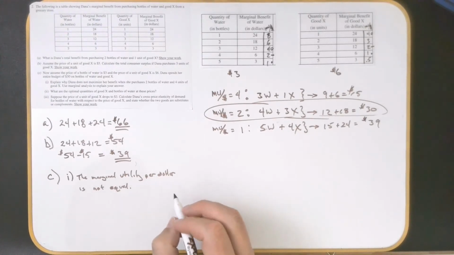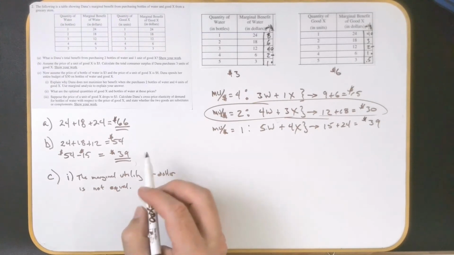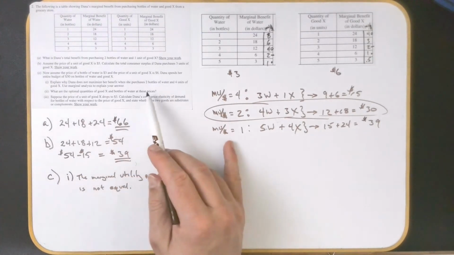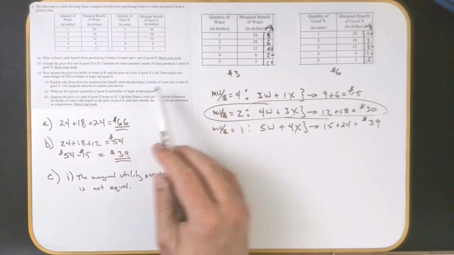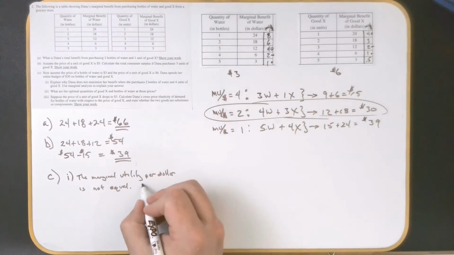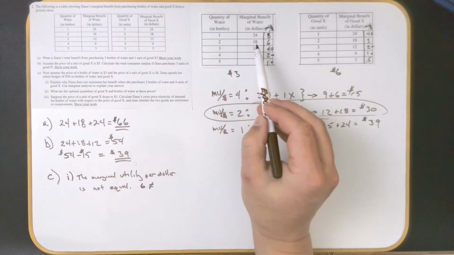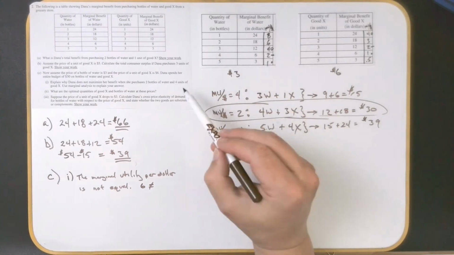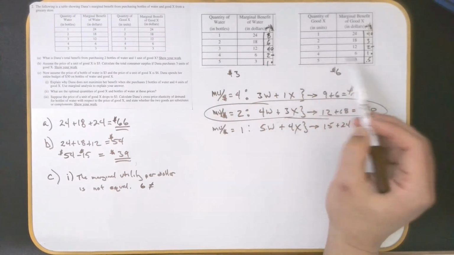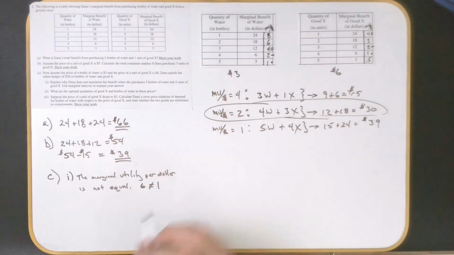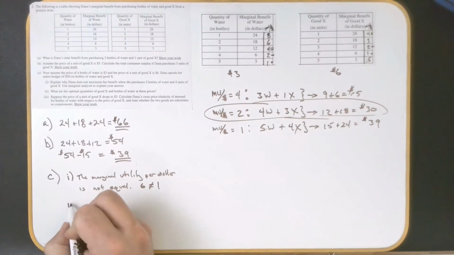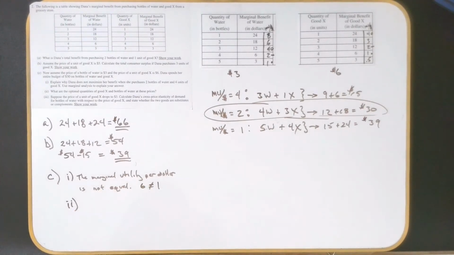You can say for 2 bottles of water, 6 does not equal, and for 4 of good X, does not equal 1. That will communicate that you were reading this. That's a very concise and adequate explanation.